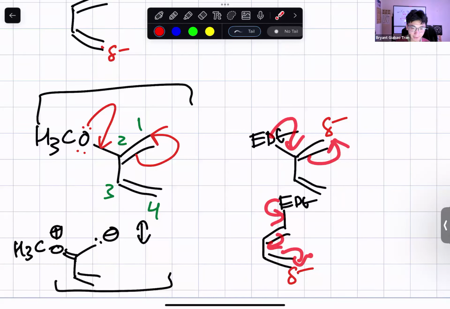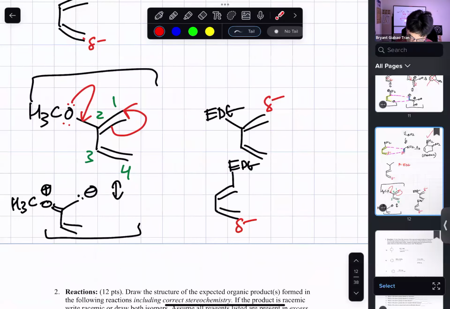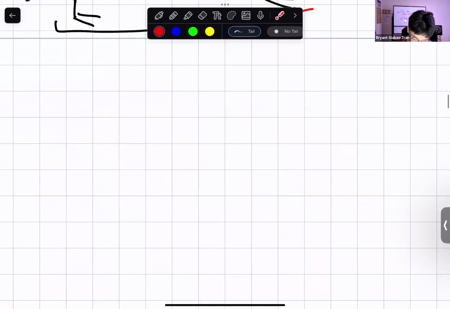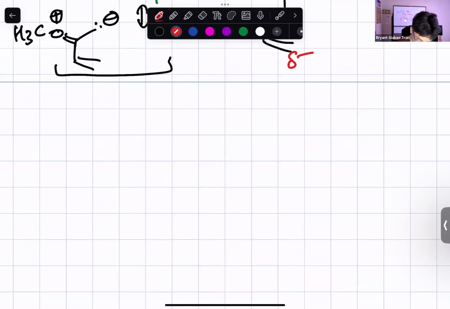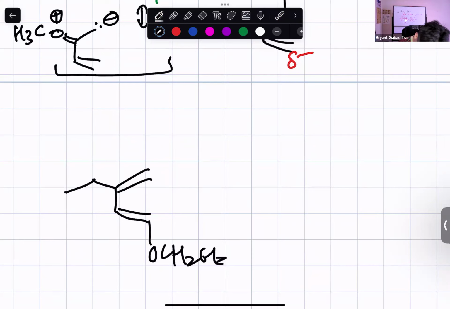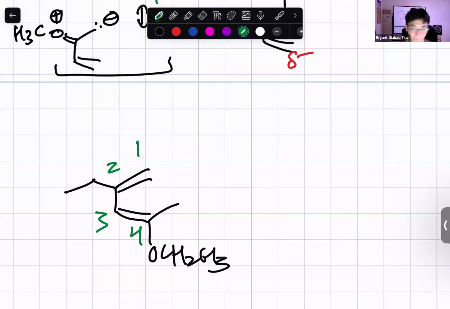Okay. I'm going to give you a diene, and I want you to tell me where the negative charge is going to be. Let's say this is 1, 2, 3, 4. Where would the negative charge be in this diene?